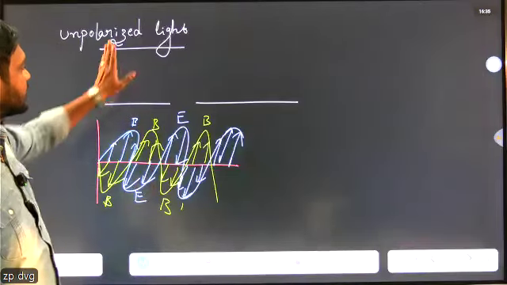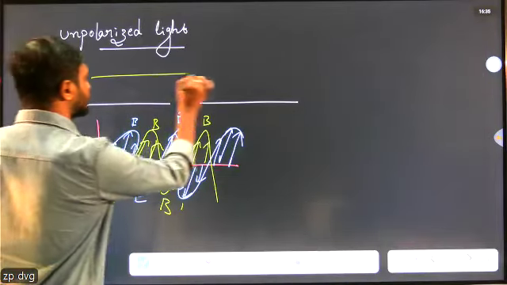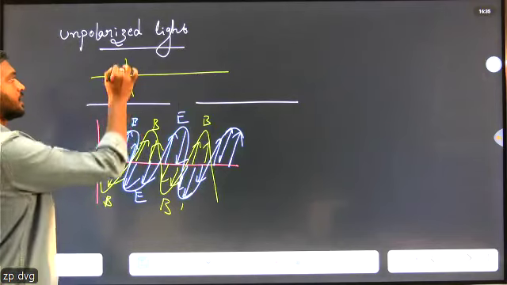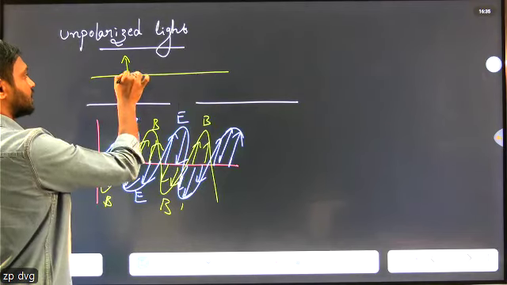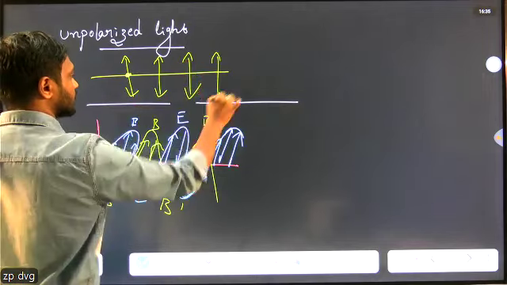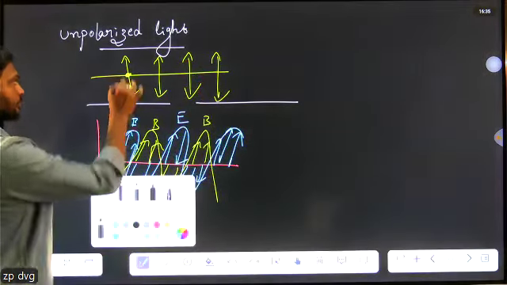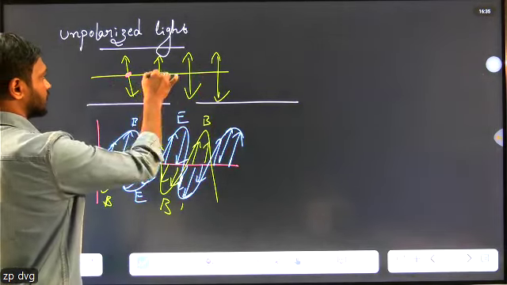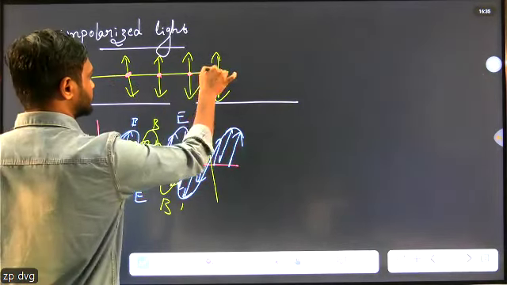See, in unpolarized light, it vibrates. This one is a dot, dot, dot.